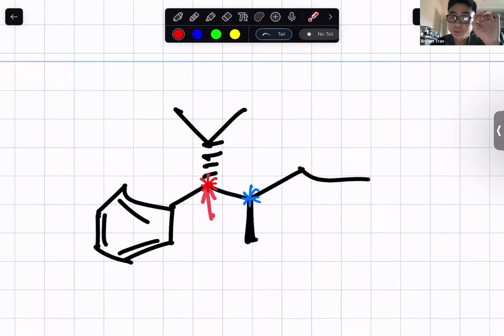And you know how carbon is neutral with four bonds? This carbon here, how many bonds do you see drawn out right now? Three bonds, right? So we're missing one bond, and that missing bond is the invisible bond to hydrogen, which could be here, it could be here, or it could be here.